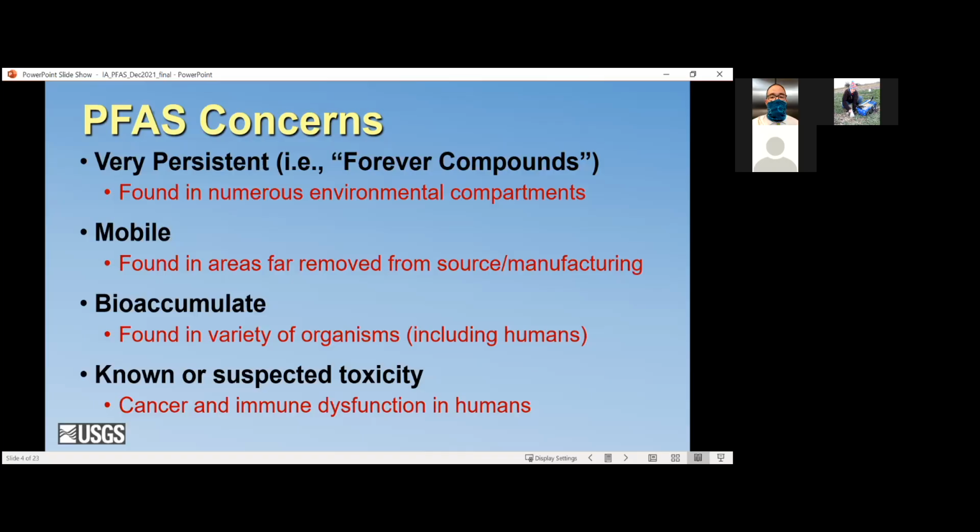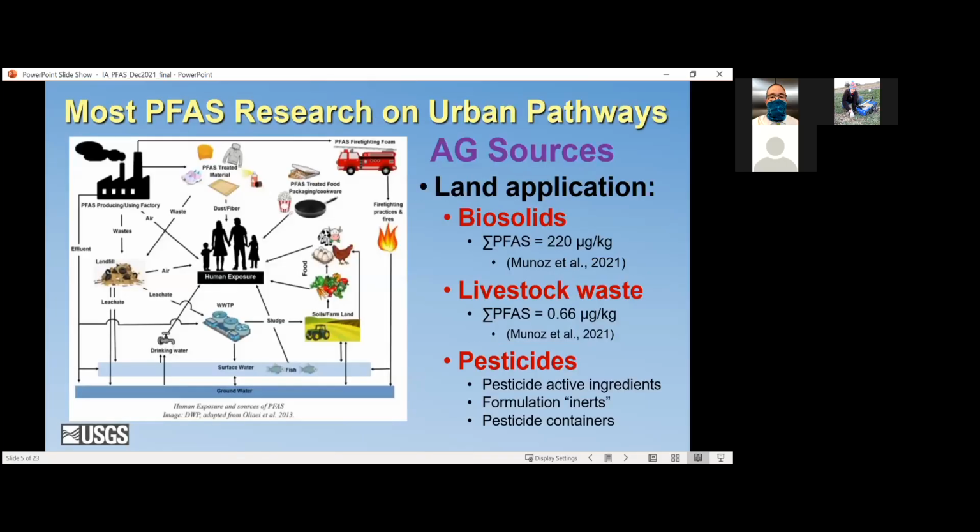And really, they're found in a variety of organisms, including humans. If all of us donated blood today, almost all of us would probably have some levels of PFAS in our bodies. And there's known and suspected toxicity, not only to environmental organisms, both aquatic and terrestrial, but even in humans. Cancer and immune dysfunction are just a couple examples of some human issues.